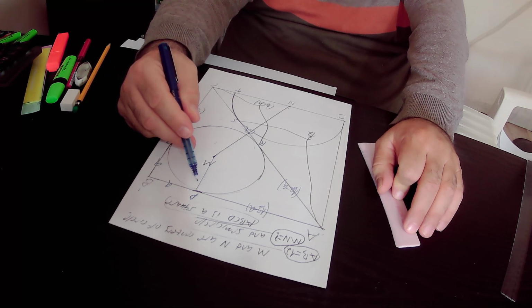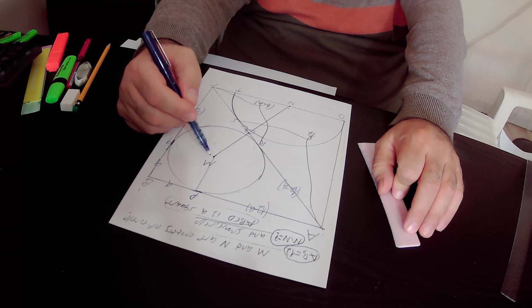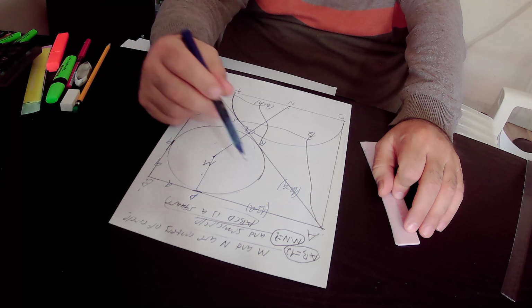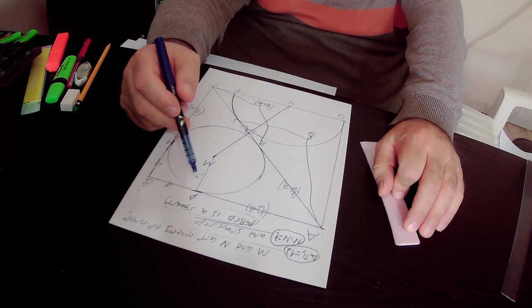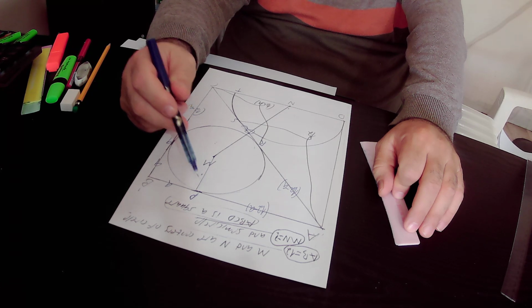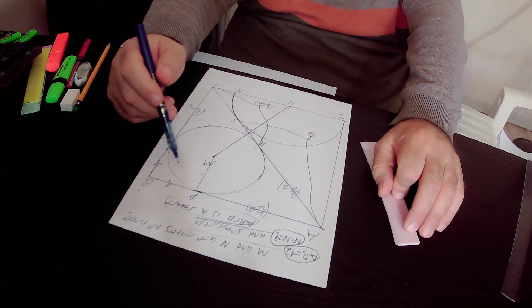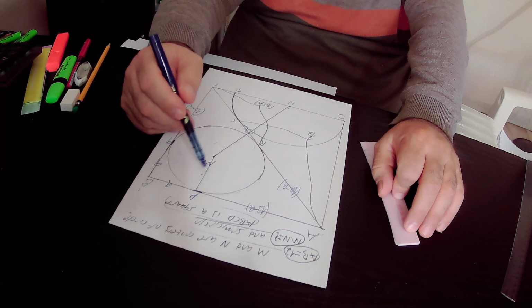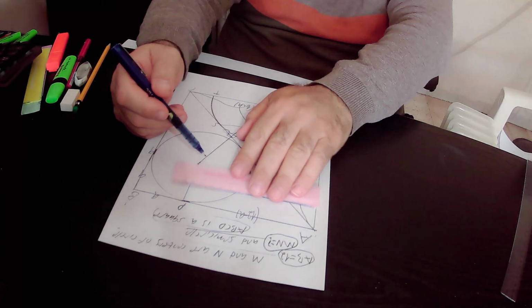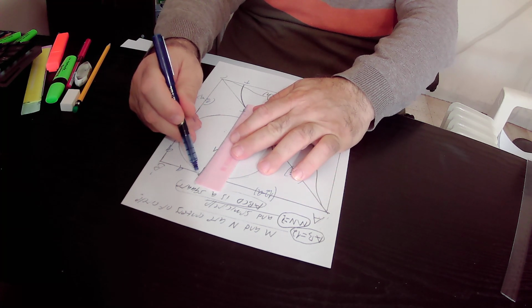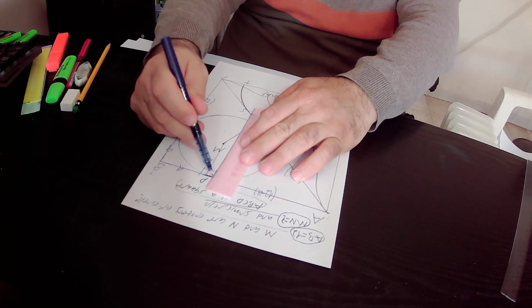Therefore, PM is the radius of this circle. The radius PM is drawn to point P, that is the point of tangency of tangent AB with this circle. So whenever you have a radius that is drawn to the point of tangency, then the tangent AB will be perpendicular to this radius PM. AB perpendicular to PM, that is to say, this angle will be equal to 90 degrees, and this angle will be also equal to 90 degrees.